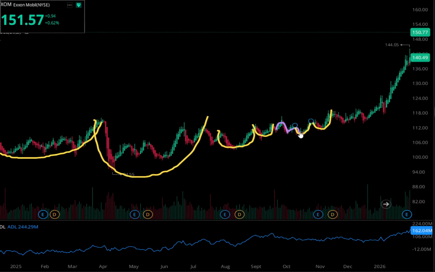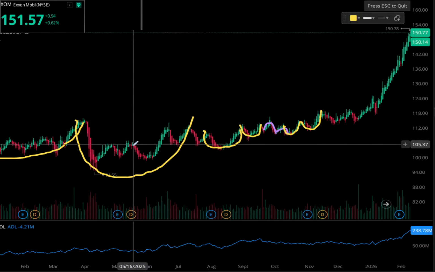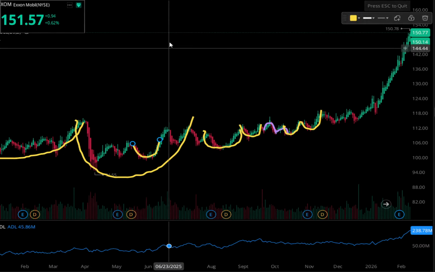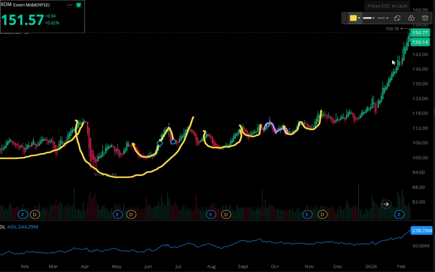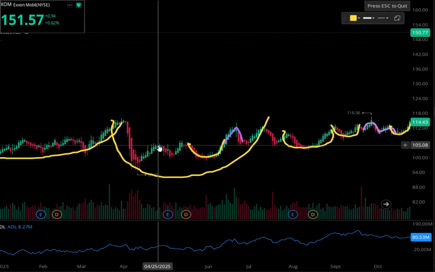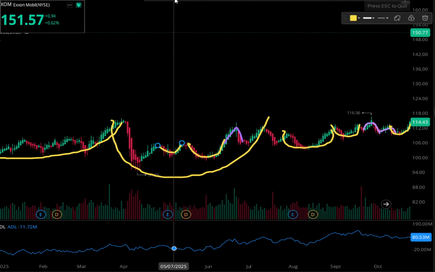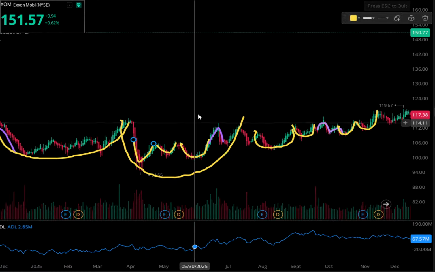In this case, we will use purple. But as you can see here, really filling this whole bar out, on this daily time frame, we have a ton of bullish cups going out.